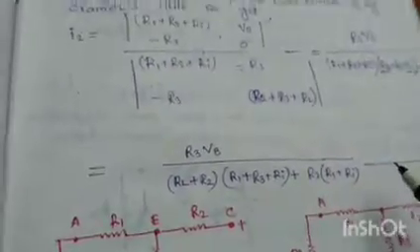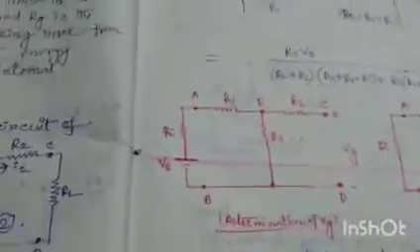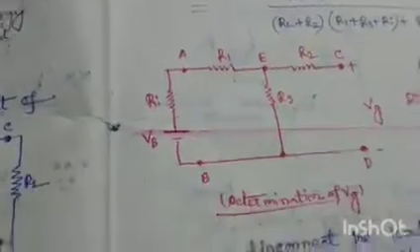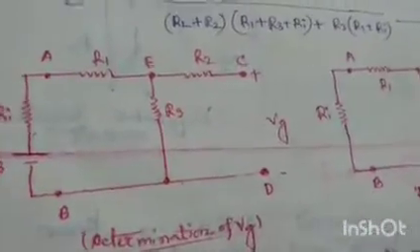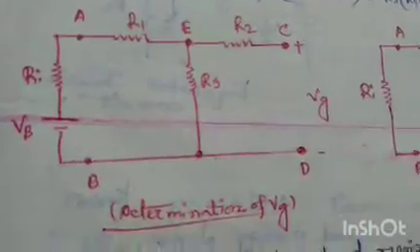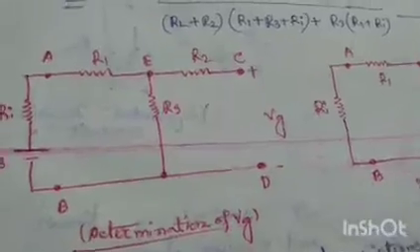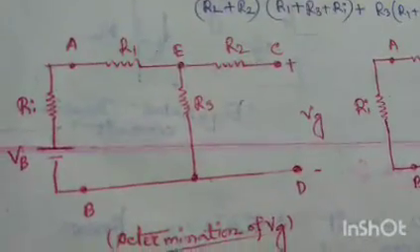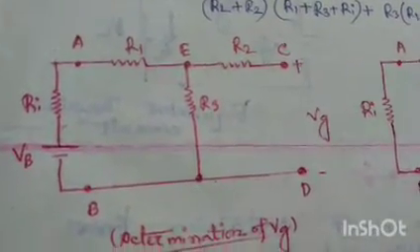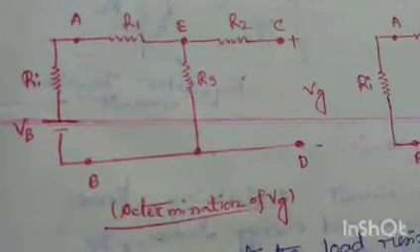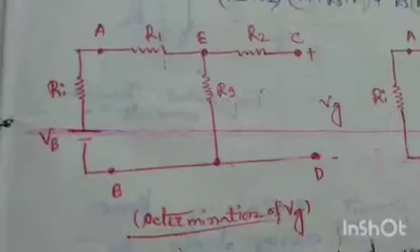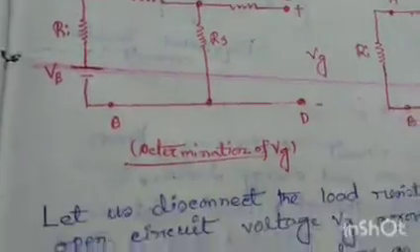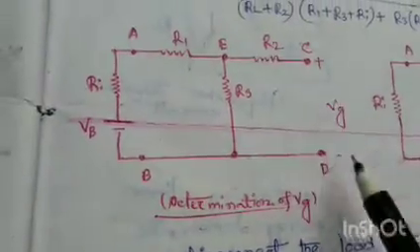Simple calculation. Now using Thevenin's theorem, we will determine this I2, that is the current through load resistance. So first for this calculation of I2, you must first find VG, that is the open circuit voltage.